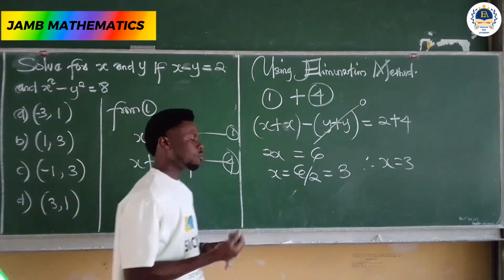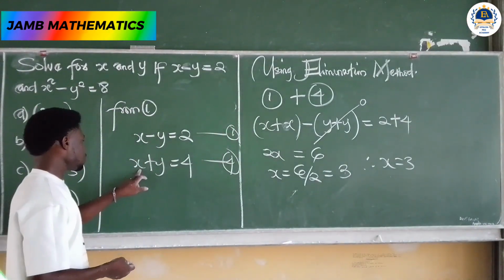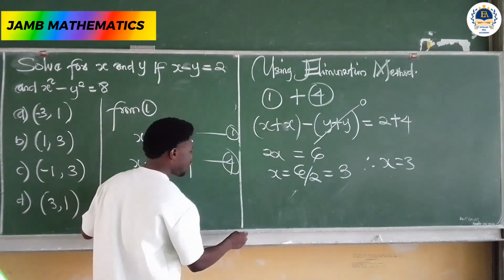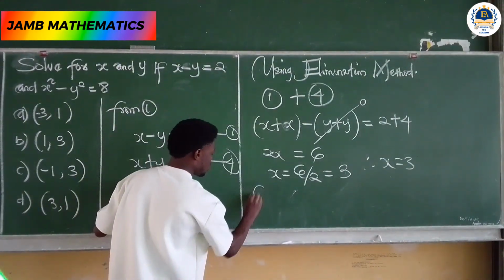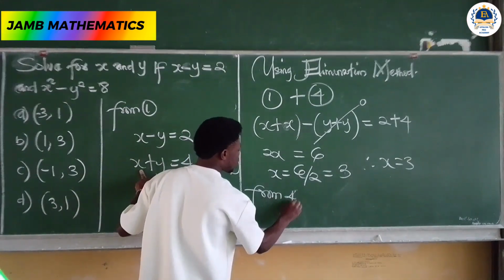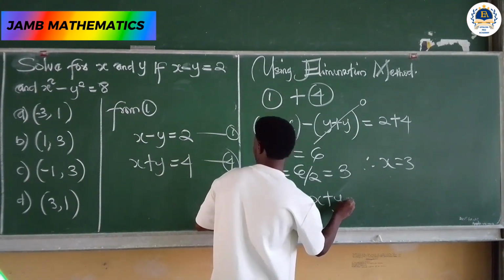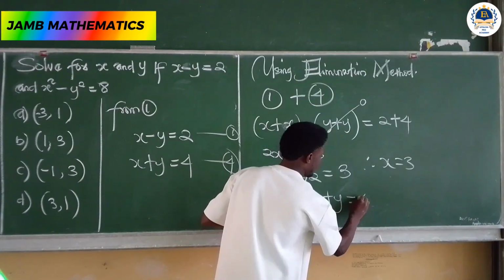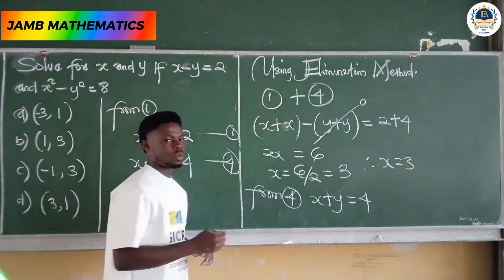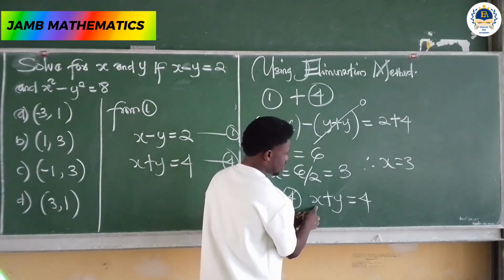To determine the value for y, we substitute into any of these equations. Substituting into equation 4, we have that x plus y is equal to 4, and x is 3.